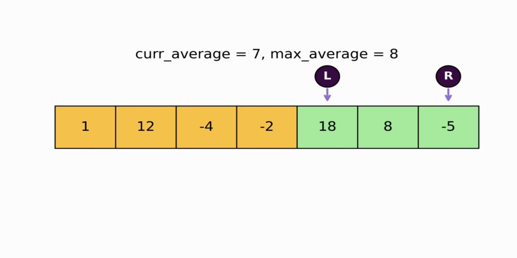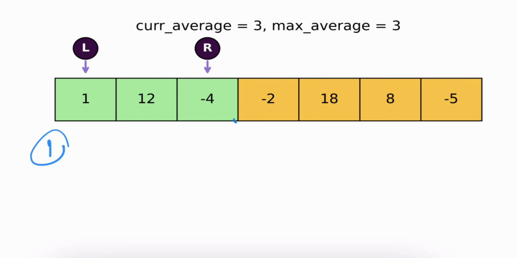Okay, so this is the overall approach here, but how can we calculate the average at each step? For the first solution, we can find the summation of the window each time. For the first one, we have 1 plus 12 minus 4, which is 9.